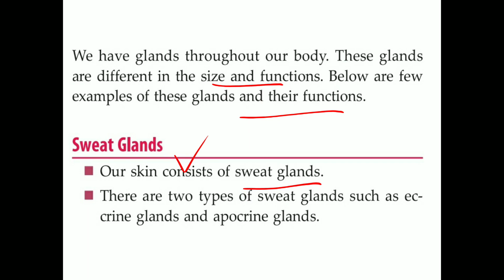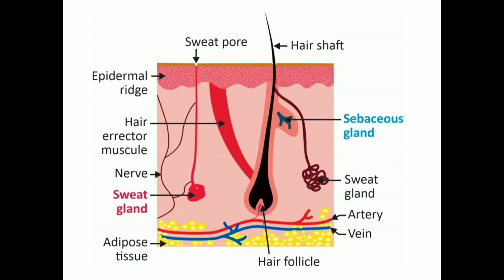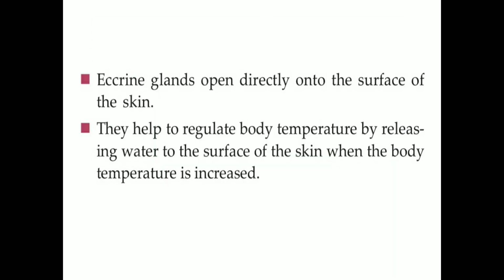Our skin consists of sweat glands, and there are two types of sweat glands: eccrine glands and apocrine glands. Here you can see the diagram showing skin, where you can see sweat glands and their ducts, and we'll see what eccrine glands and apocrine glands are.